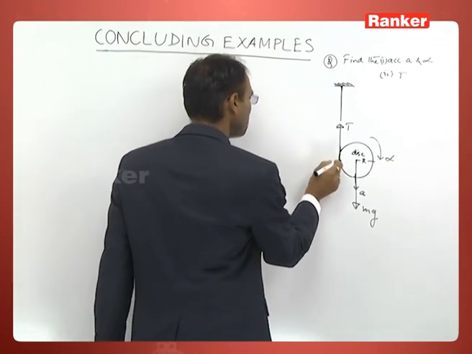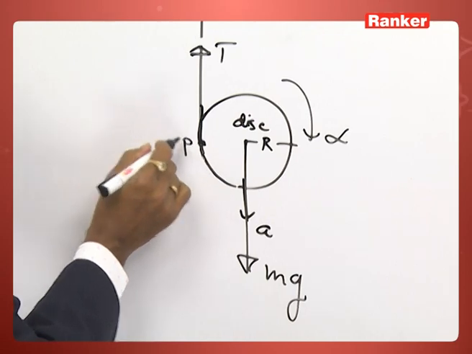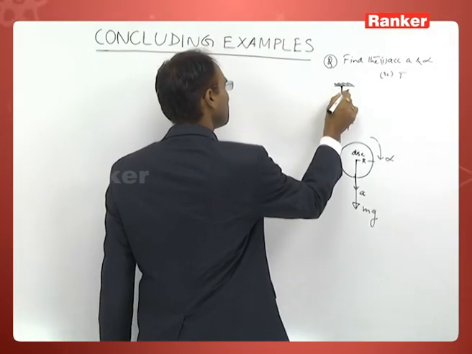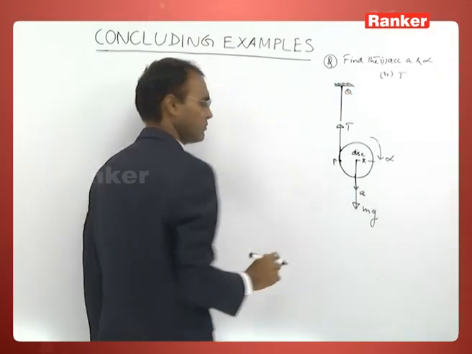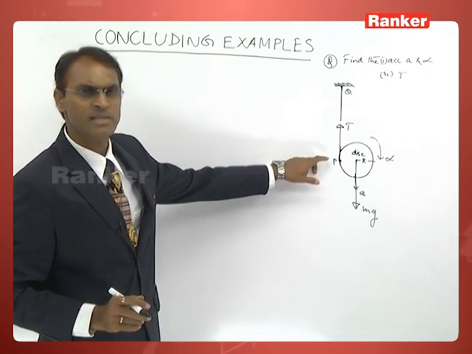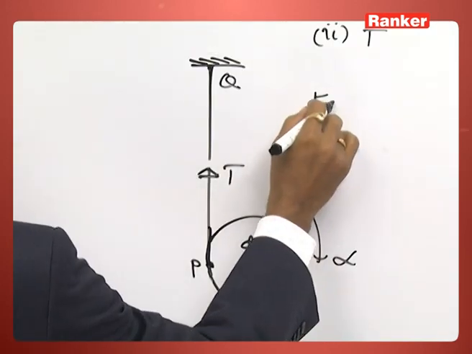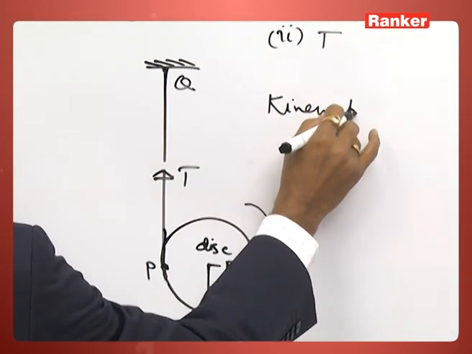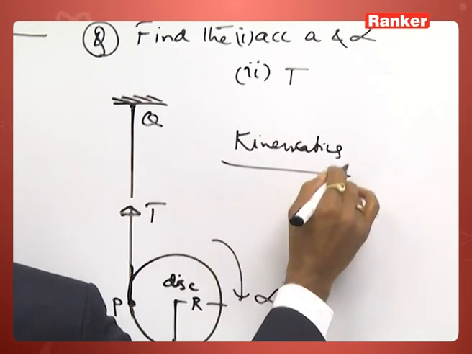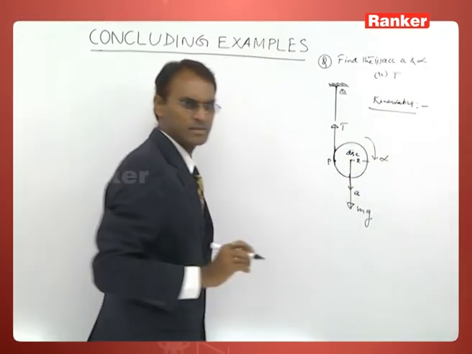So acceleration of this point P is equal to acceleration of this point Q. So this point does not accelerate. So that is the first equation, kinematics. Or you can put kinematical equations at last.